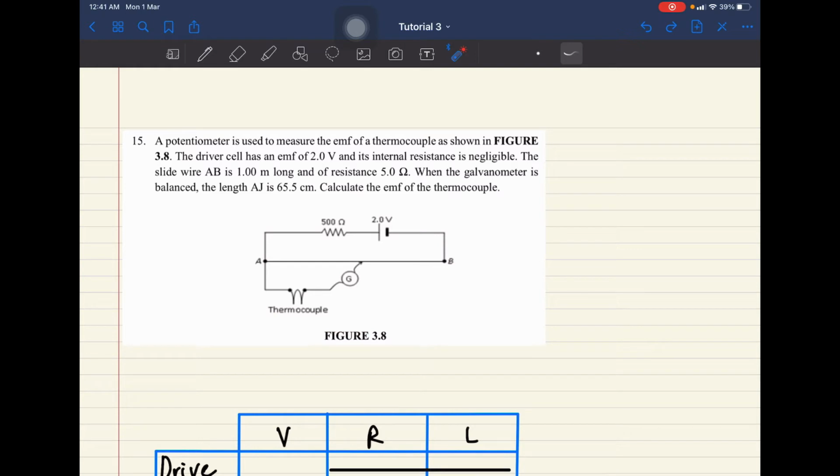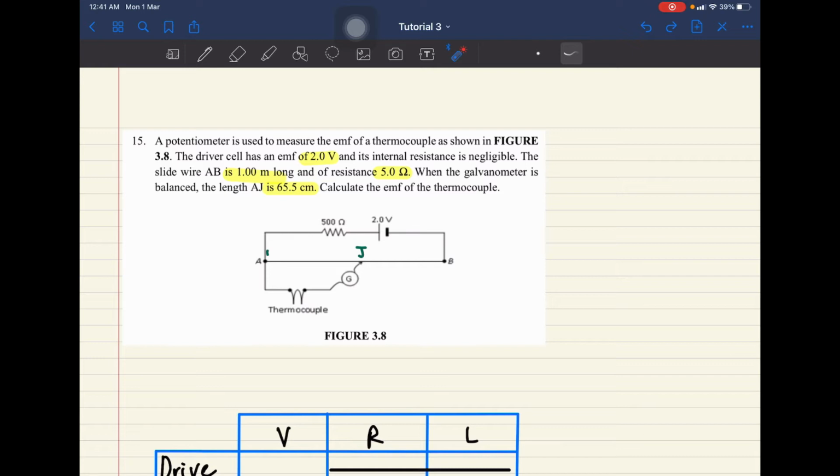Okay, so the driver cell has EMF of 2 volt, its internal resistance is negligible. The slide wire AB is 1 meter, from here to here is 1 meter, and resistance is 5 ohm. The resistance is actually from A to B. So when the galvanometer is balanced, the length AJ is 65.5 cm.